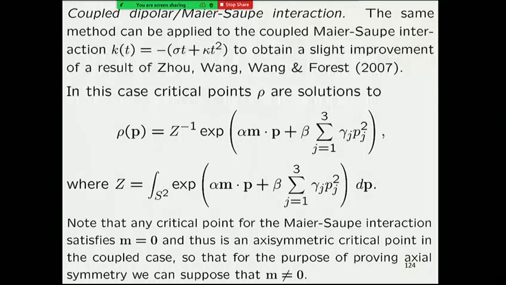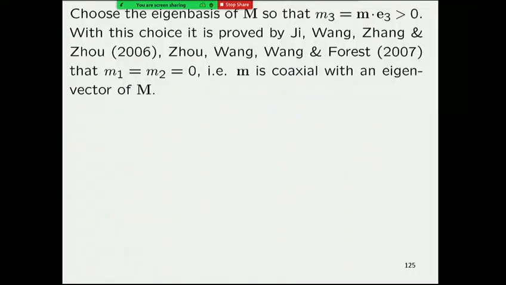So for the purpose of proving that rho satisfying this are axisymmetric, you can suppose, without loss of generality, that the first moment is not 0. Okay, and then you choose the eigenbasis of m, so that, since m is not 0, m dot e3, which I call m3, is strictly positive.